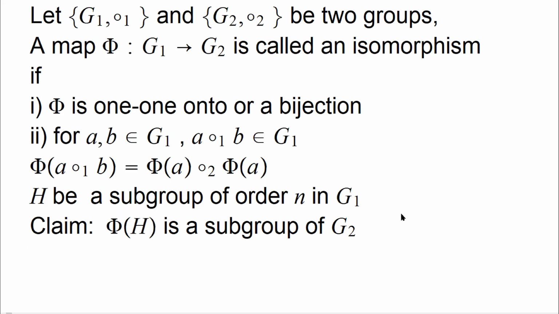Remember, G2 is a group and this is a subset, so this has fewer requirements to show.